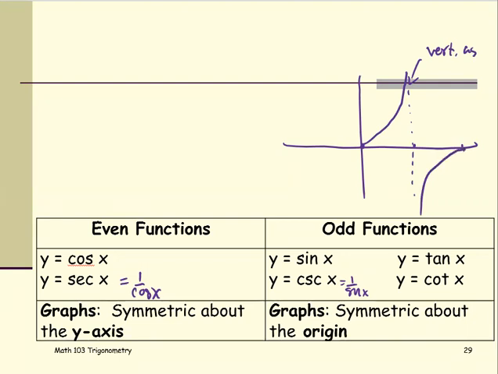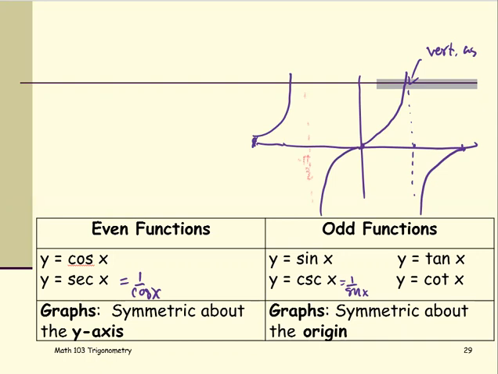If you keep going with the same size of the period, you have another vertical asymptote at negative pi over 2 if you extend it to the left side. And then the graph will be connected to the other piece like that. Then keep going with the same pattern.